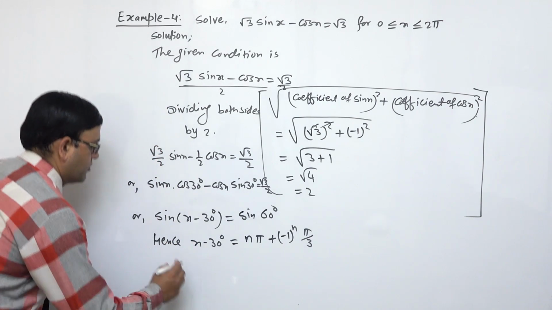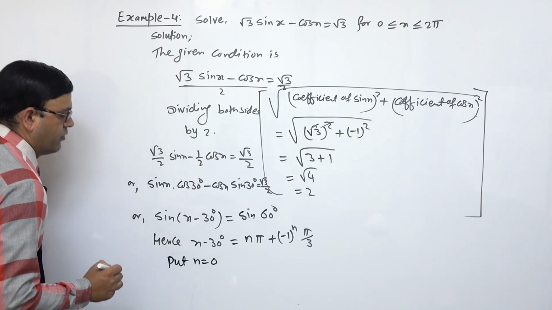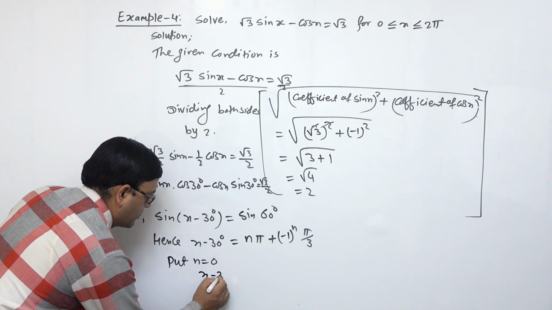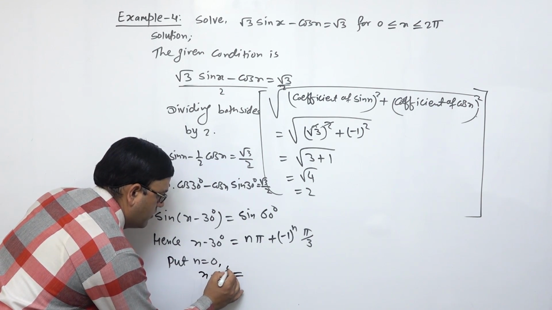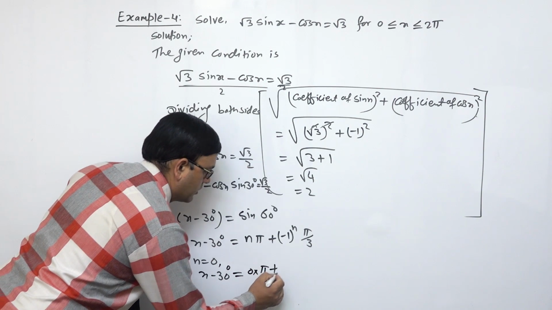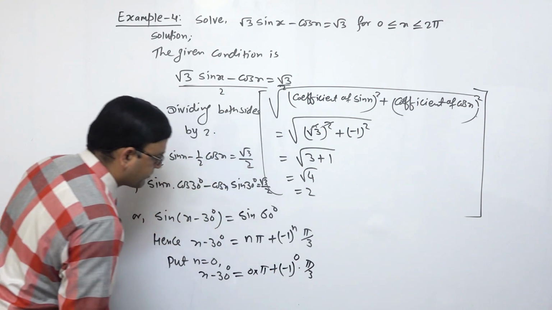So put n is equal to 0. We'll get x minus 30 is equal to 0 times pi plus minus 1 to the power 0 times pi by 3.